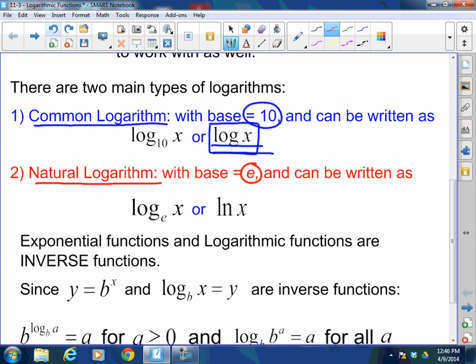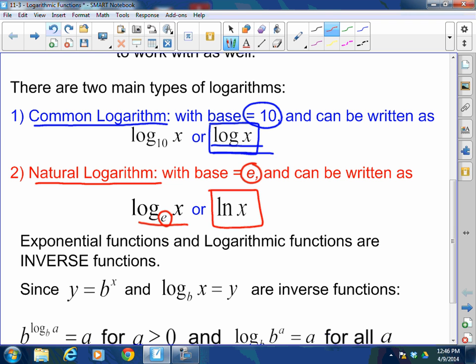It's not capital E, it's lowercase e, and it is in any scientific calculator. On the calculator, you'll probably see it with an exponent x, because you could have e to the first power, to the 20th, or to the 2.5. So when your base is e, you could literally write this as log base e of x, or the proper way, ln of x.